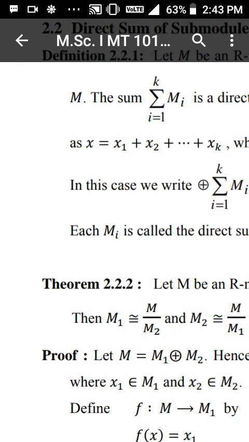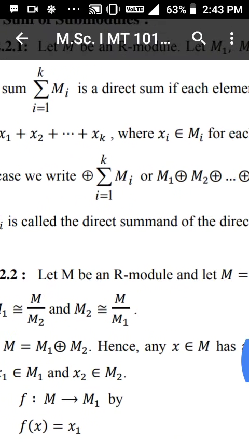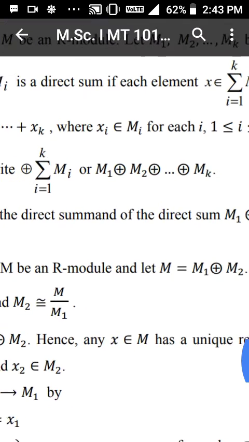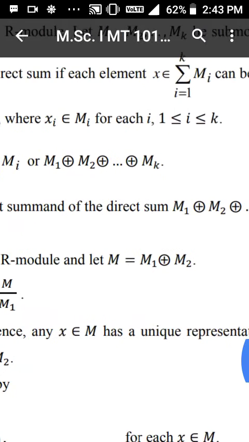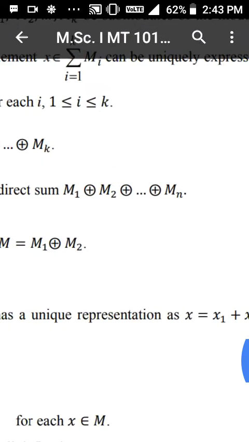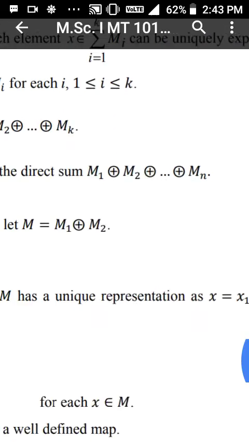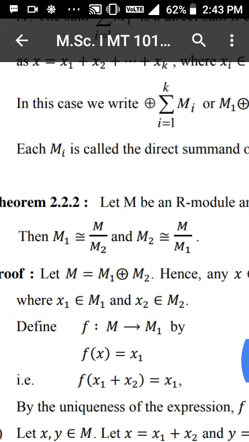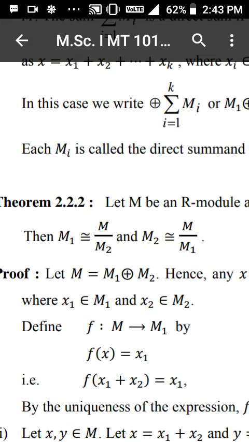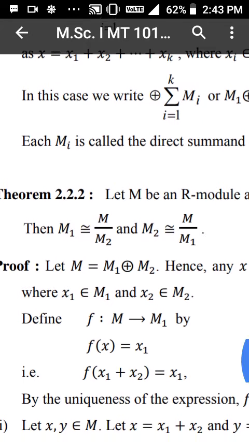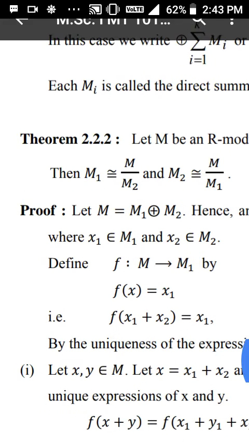Since M is equal to M1 direct sum M2, any x belongs to M has a unique representation as x is equal to x1 plus x2, where x1 belongs to M1 and x2 belongs to M2.